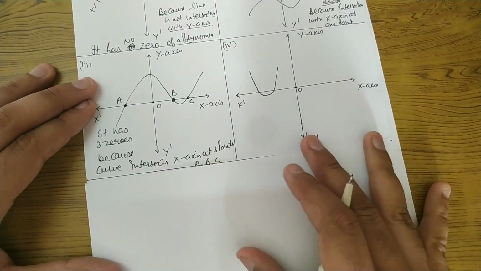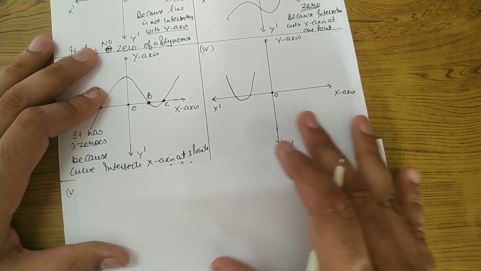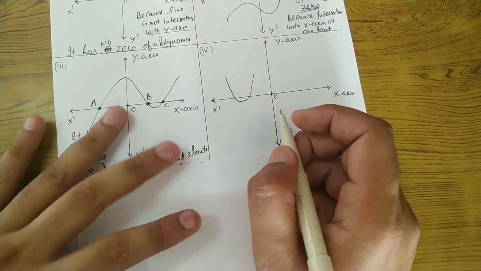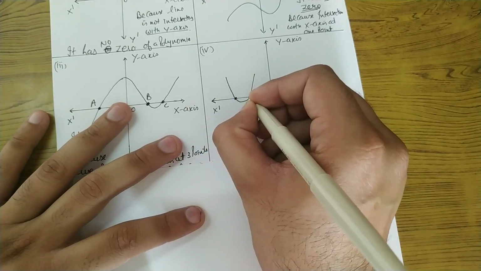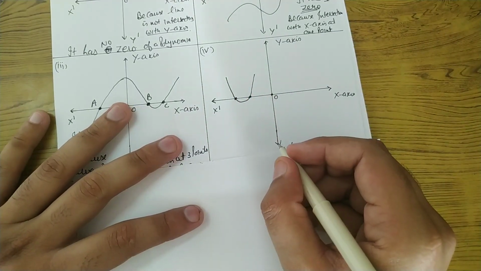I hope you are understanding each and everything. Now come to the fourth part. In this curve, the curve is intersecting the x-axis at 2 points.